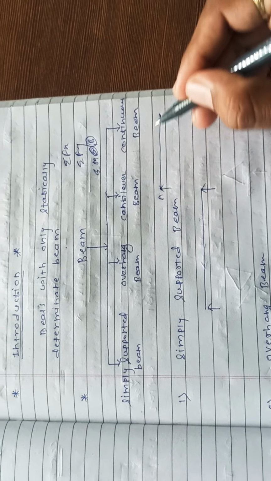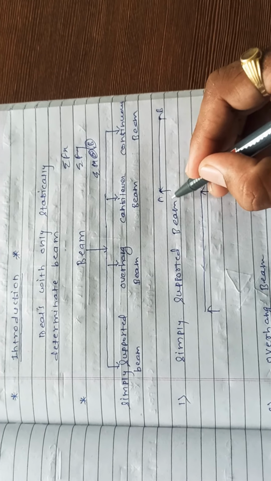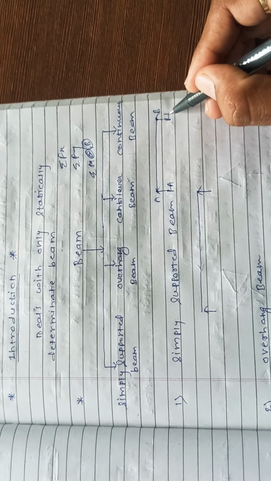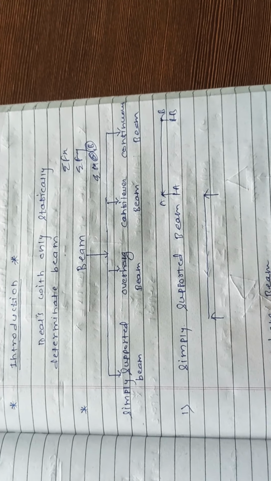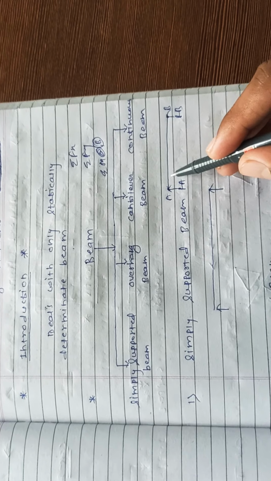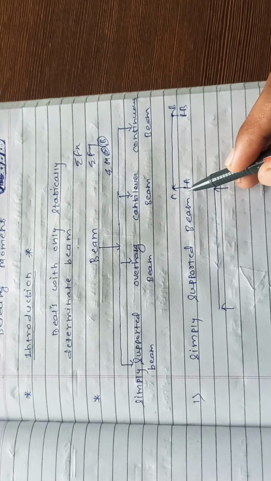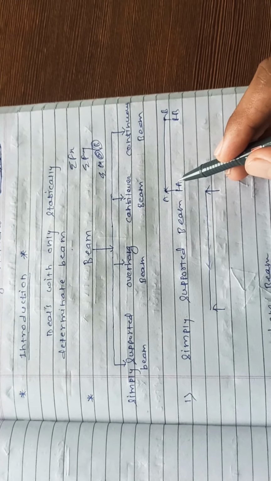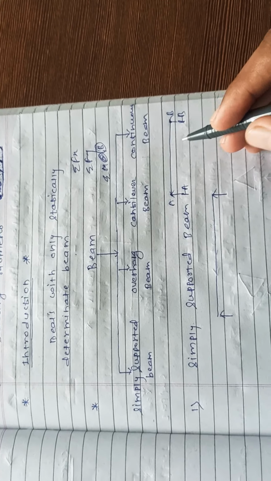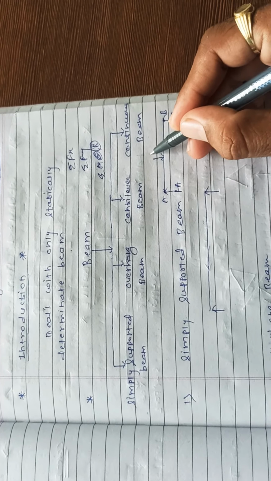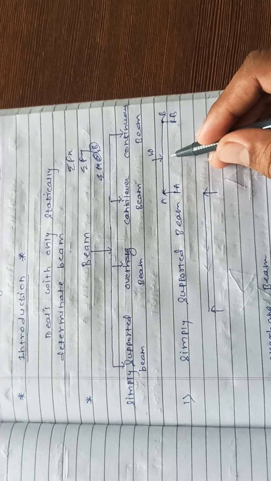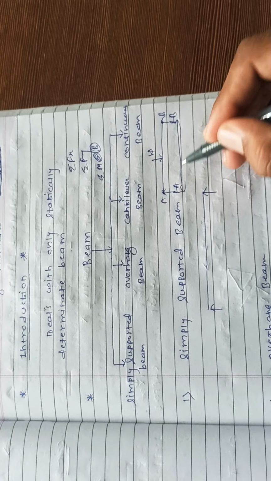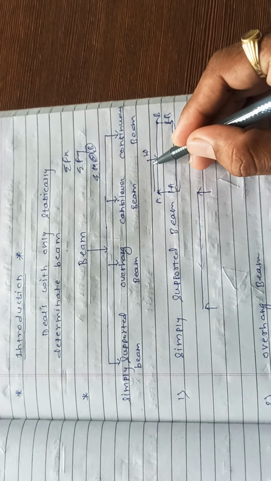For example, this is point A, this is point B, and these are reactions RA and RB. A horizontal structural member supported along the length and carrying loads transverse to its axis. For example, a load W is acting at its middle position. This is length L, so it is acting at a distance of L by 2.